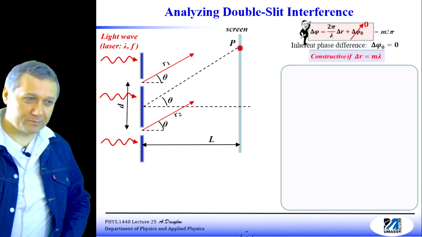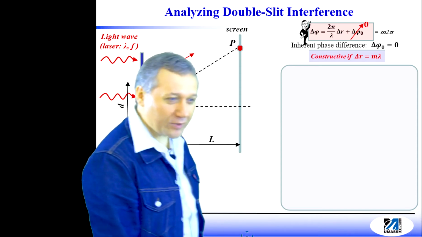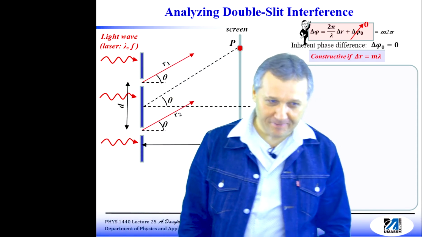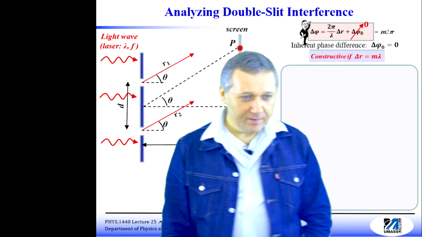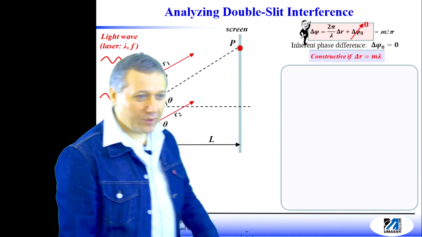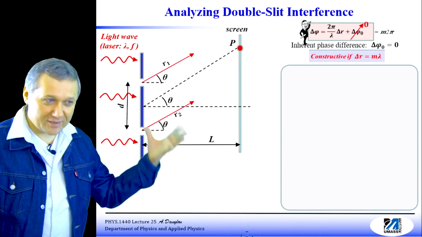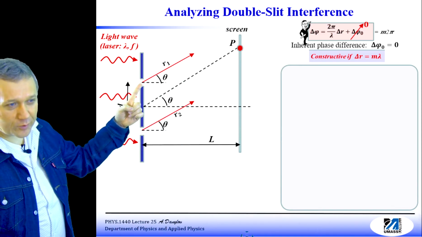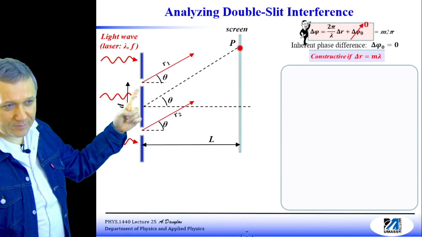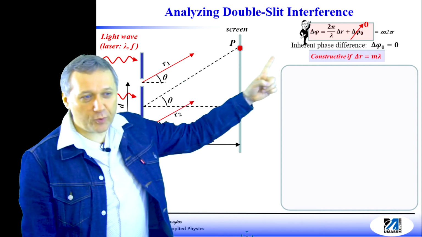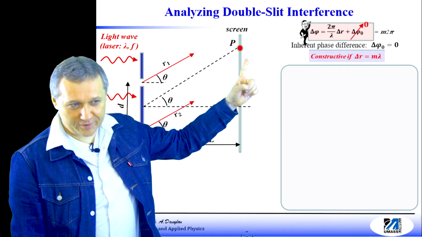At this point, you might want to start screaming at me, right? Why? Because what is R1? It's a distance from the source, this first slit, to the point in question, to point P, which is here.